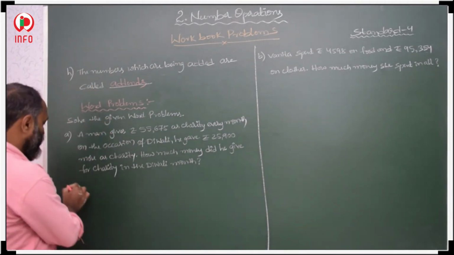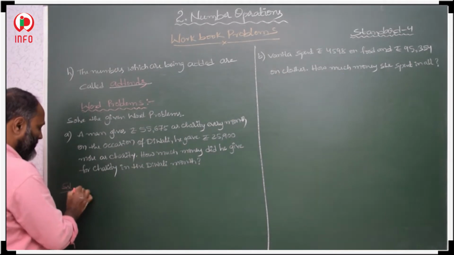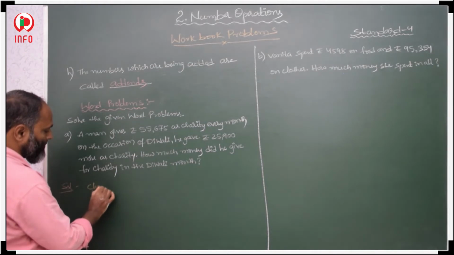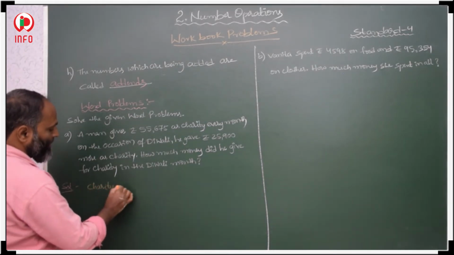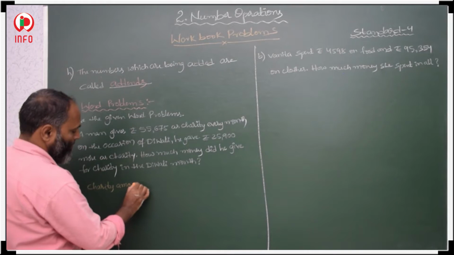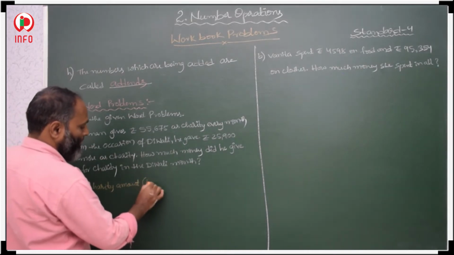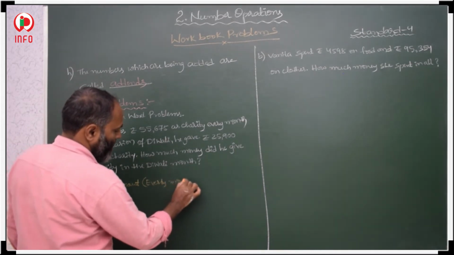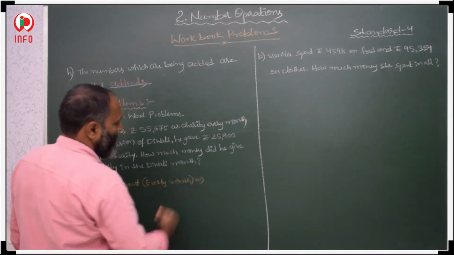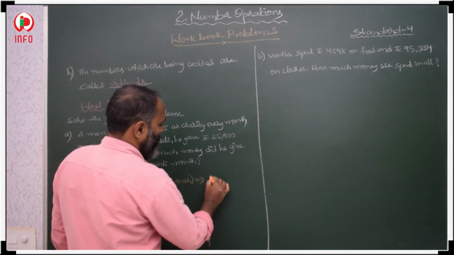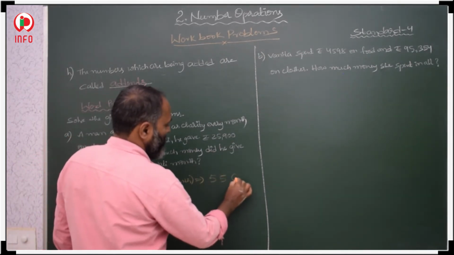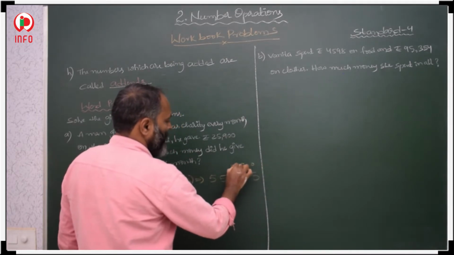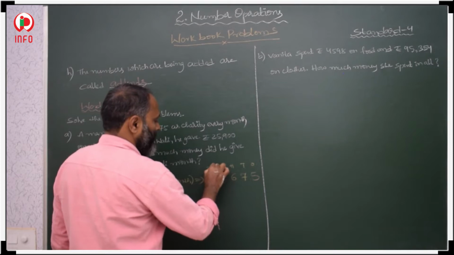So, steps. Charity amount every month: how much? 55,675. This is ones, tens, hundreds, thousands, ten thousands.